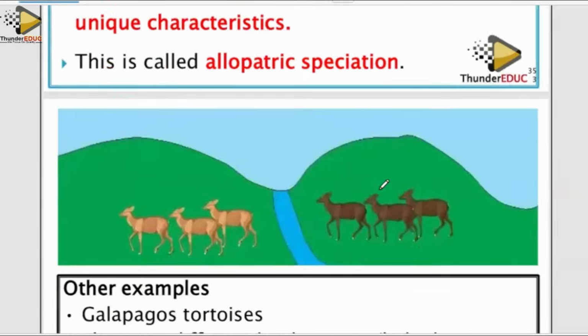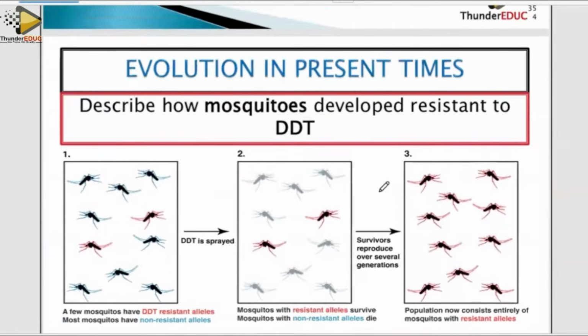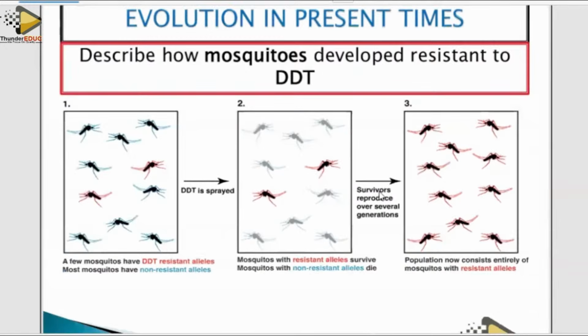Then for present-day evolution, you talk about mosquitoes. There is variation among mosquitoes. When you apply DDT or insecticide or antibiotics, there are those which are resistant to DDT and those which are not resistant.